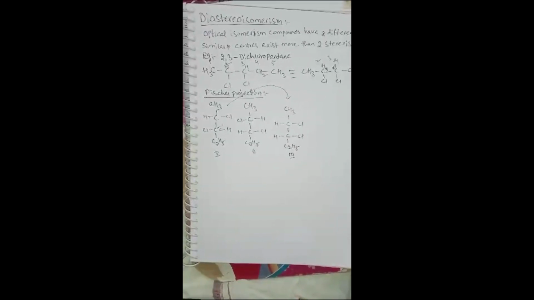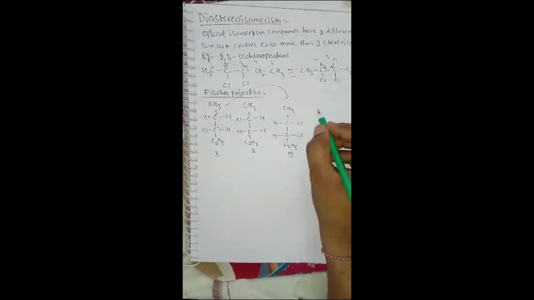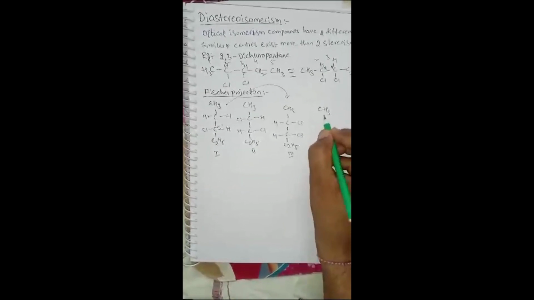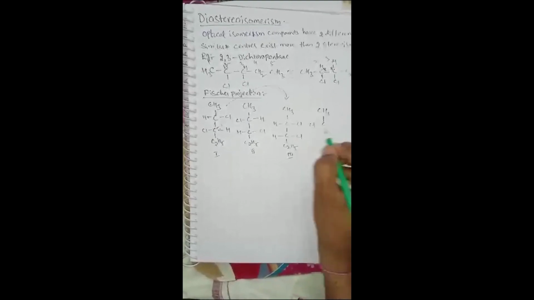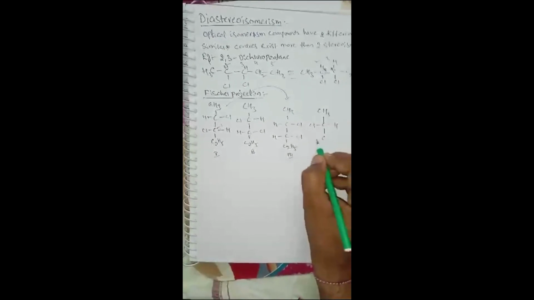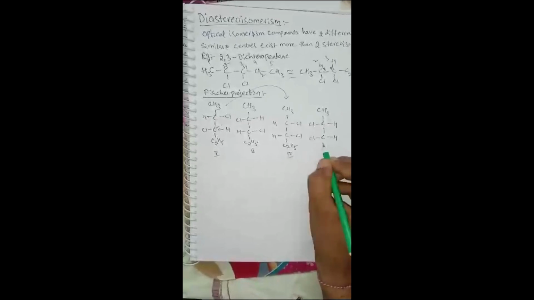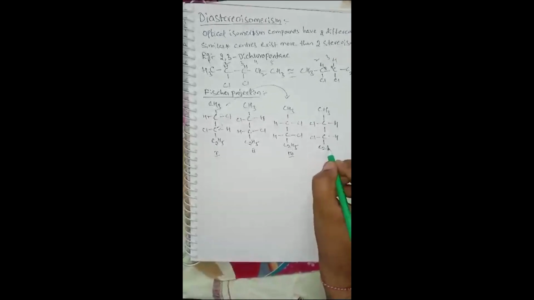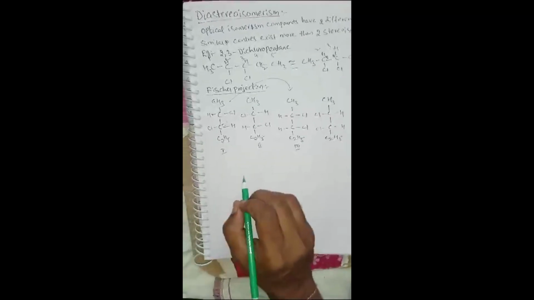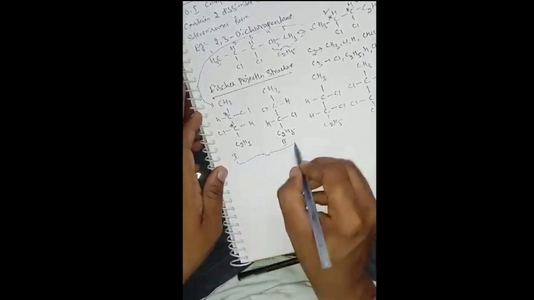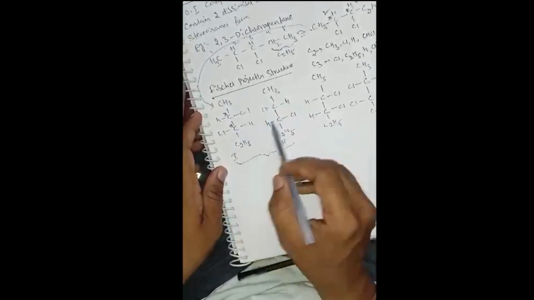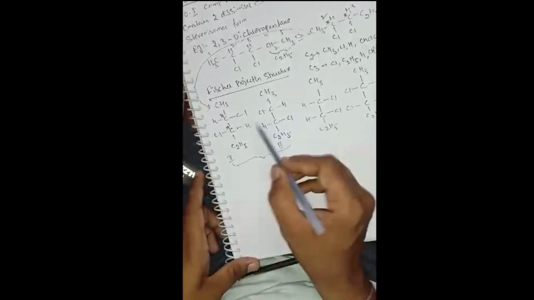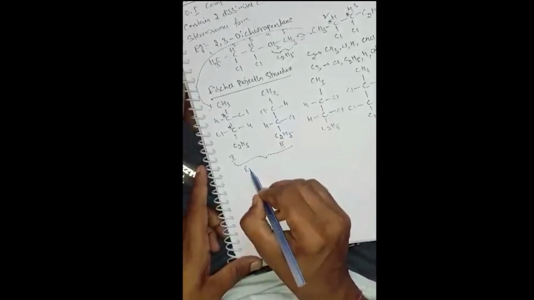For the third form, I am writing the mirror image: CH3, C, Cl, H and C, Cl, H and C2H5. So here the first and second are enantiomers because they are non-superimposable mirror images.